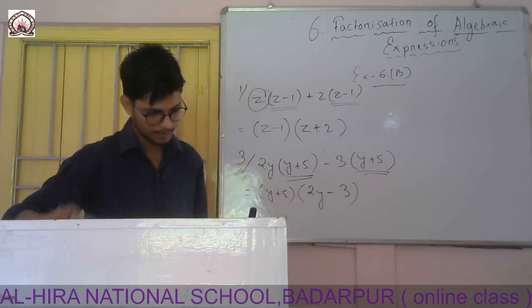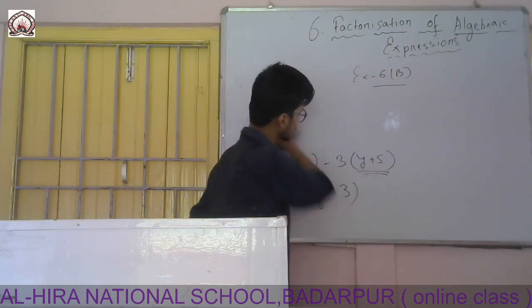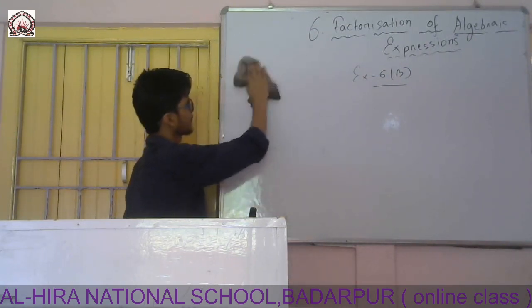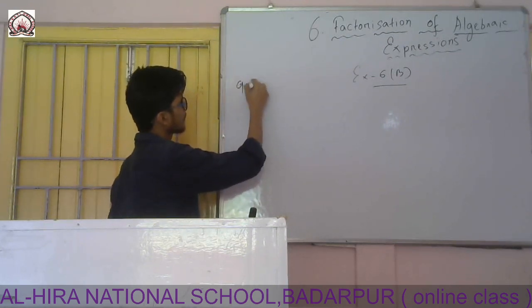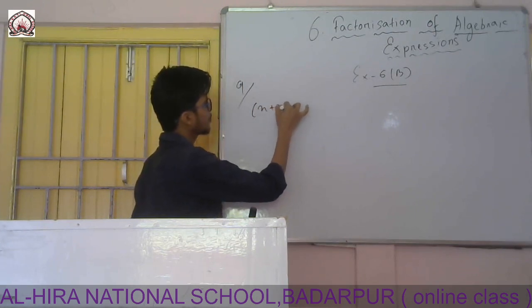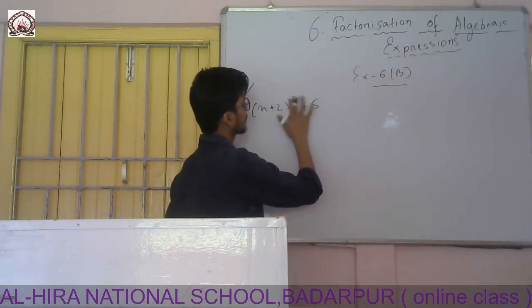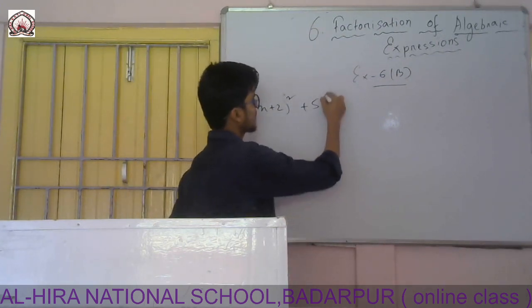Now go to question number 9. The question is x plus 2 whole thing square plus 5 into x plus 2.